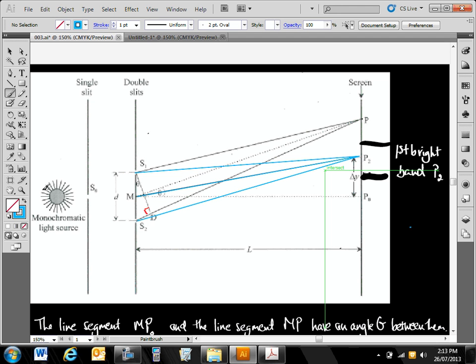One wavelength for visible light, of course, is of the order of 10 to the power of -7 meters. Okay. So a very, very small path difference. The path difference at that point, d sine theta, equals 1 lambda, or just lambda, for P2.